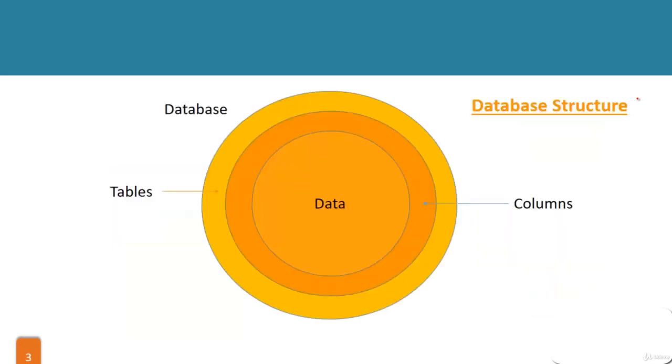Now if I talk about the database structure, we are talking about the backend or database, but if you don't know the database structure, then you are not able to attack. So we need to understand the general structure of a database, right? So the general structure of a database, you can see this is called a database, right? This complete shell is called the database. Inside the database we have tables.